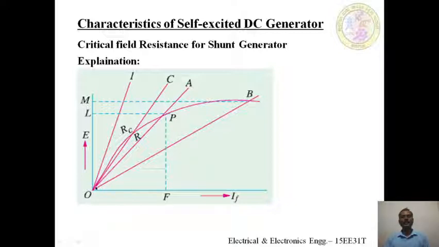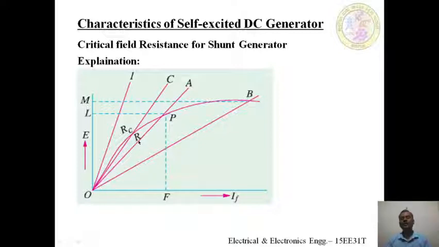Then draw a line from O, that is, the resistance line of the shunt field winding, that cuts the OCC at P at that speed. Then OL represents the maximum EMF generated by the shunt generator with R as the field resistance.